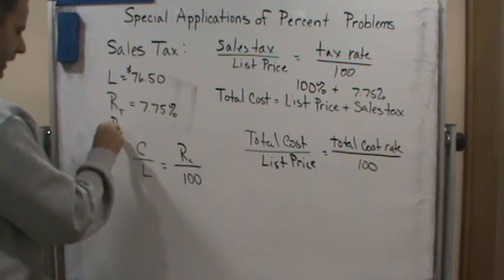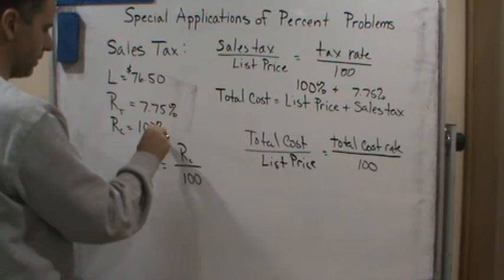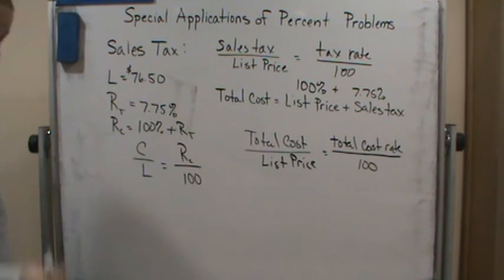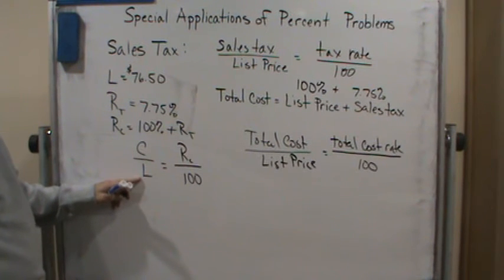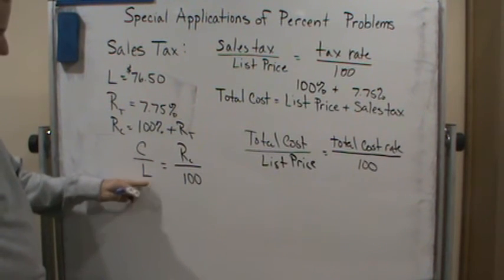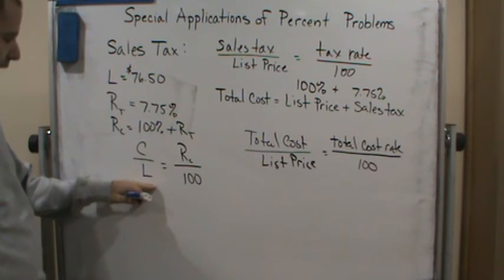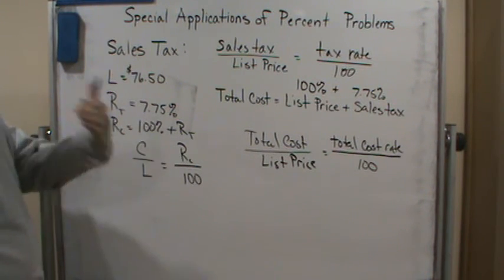So R sub C is going to be equal to 100% plus the sales tax rate. Because again, the total cost is going to be higher than the list price. You're taking 100% of the list price and then adding on 7.75% more.